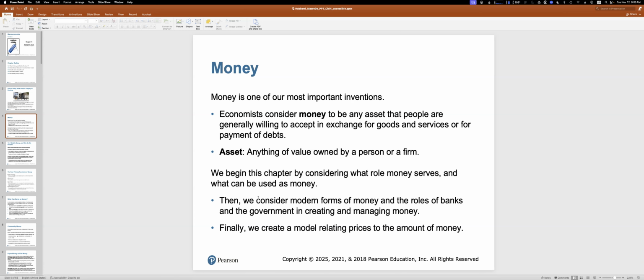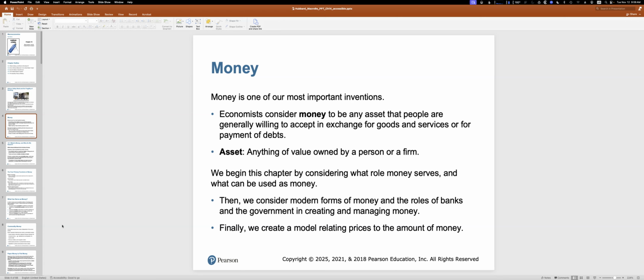Okay, so the first question we need to address here in this chapter is what is money? Really, money is anything that people are willing to accept in exchange for goods and services or for the payment of debts. The dollars that we own are not backed by gold or silver or anything like that.